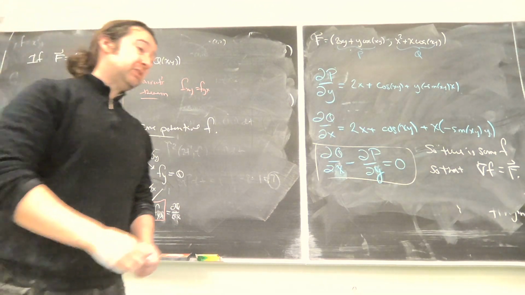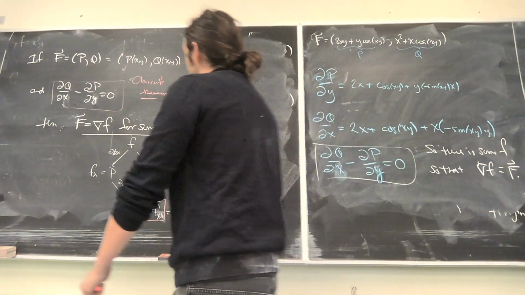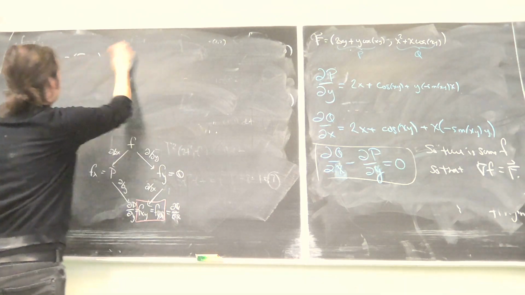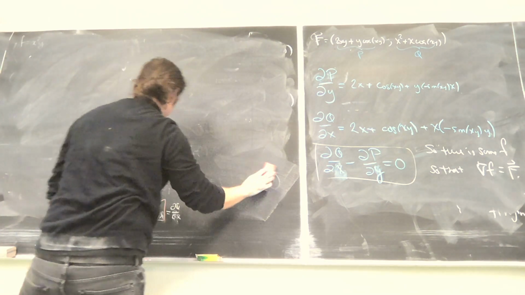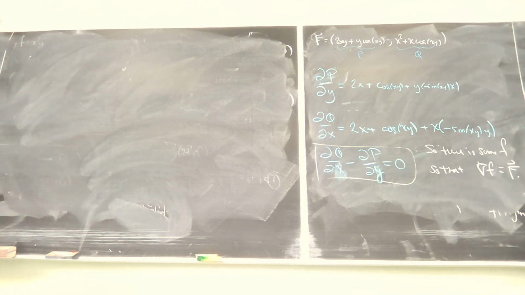The problem with wanting to use the fundamental theorem of calculus is I actually need to know what this f is. I think I did an example of this earlier. The method that we're going to use to recover the potential function is called partial integration.